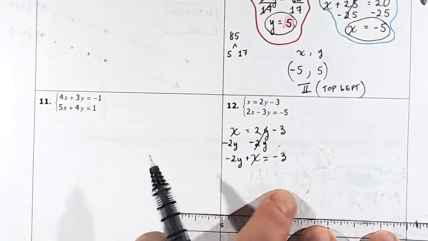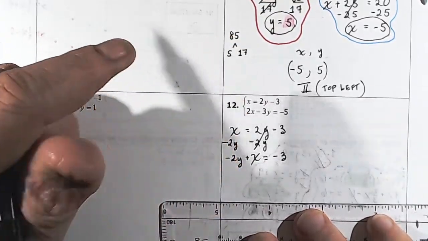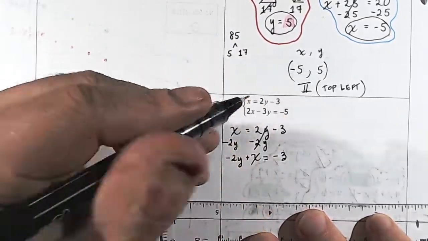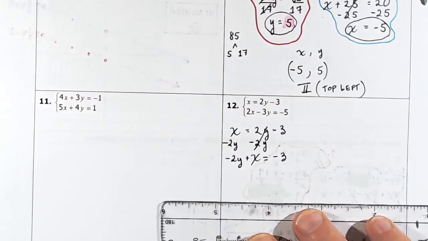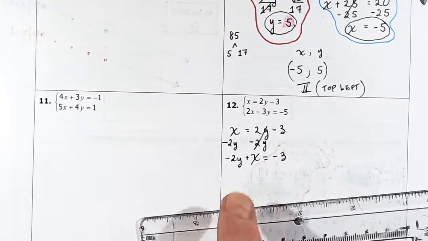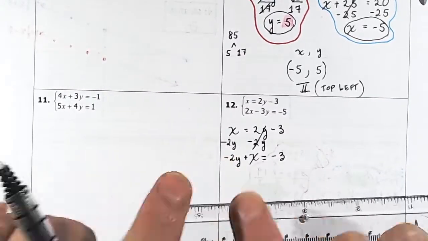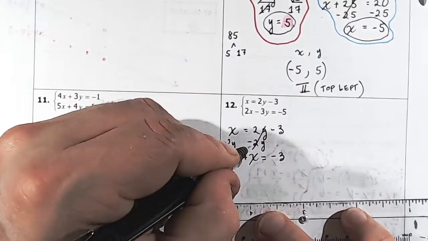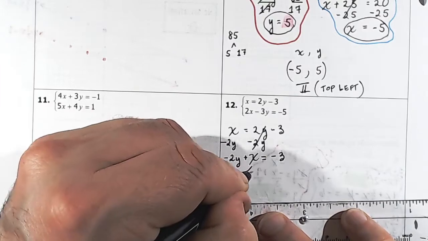So now that I've rewritten this equation in this form, I can bring down the second equation and just write it. Oh, I didn't arrange this correctly. So I need the negative 2y to go after the x. So you can just move these around. You can flip these like this and rearrange them.